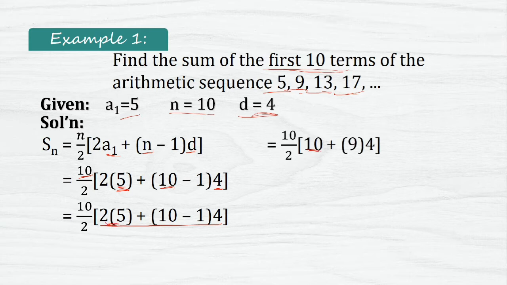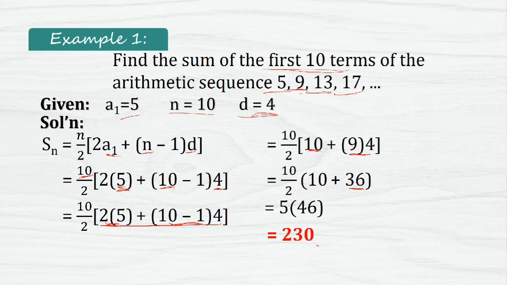And then 10 minus 1, that's 9. 9 times 4 is 36. 10 plus 36 is 46 times 5, since 10 divided by 2 is 5. So 5 times 46 is 230. So the sum of the first 10 terms of the given arithmetic sequence above is 230.